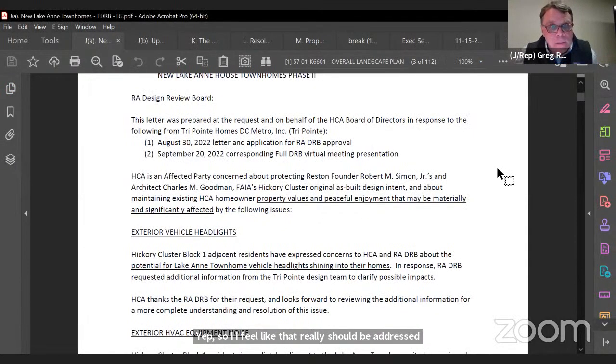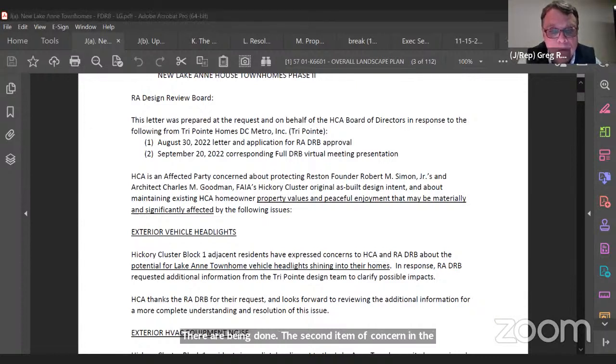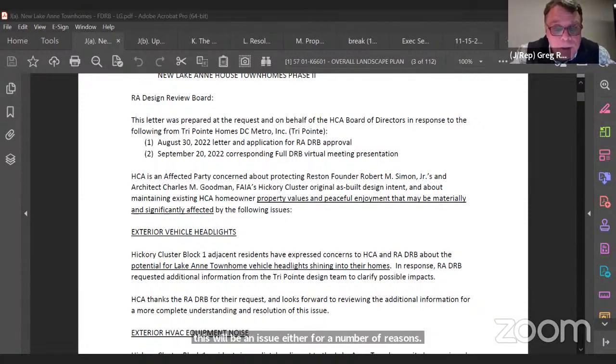The second item of concern in the letter is the exterior HVAC equipment and noise from that. We really don't believe this will be an issue either, for a number of reasons. Again, the significant distance between our nearest homes and the homes at Hickory Cluster, an elevation difference of about 7 to 9 feet between them, and background noise coming from other nearby sources, most notably Bear and Cameron Avenue.